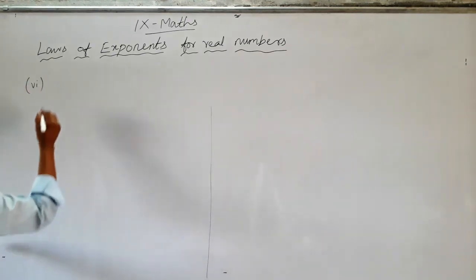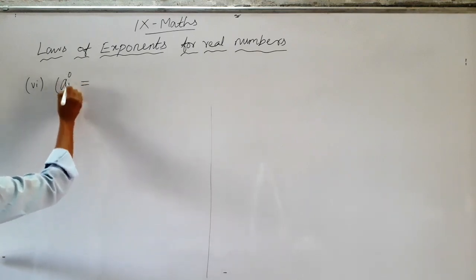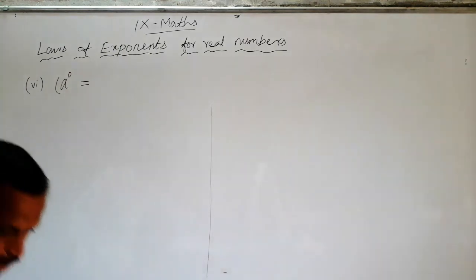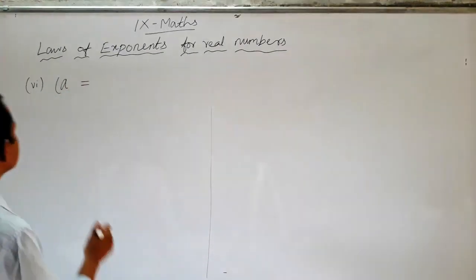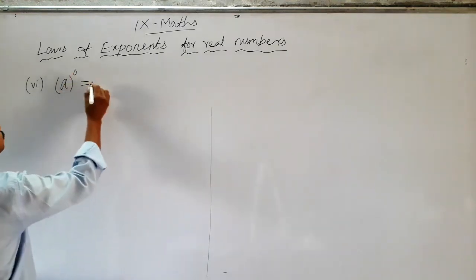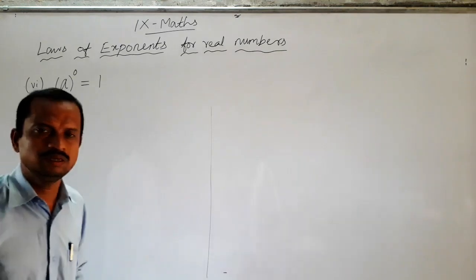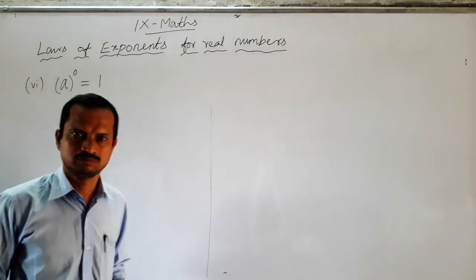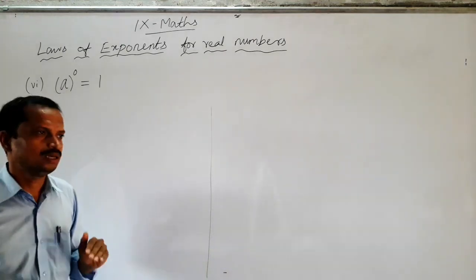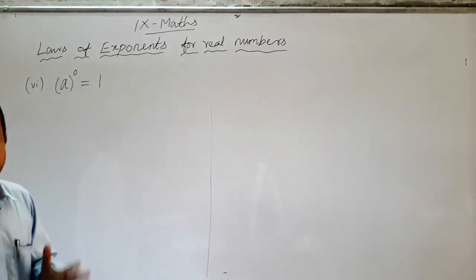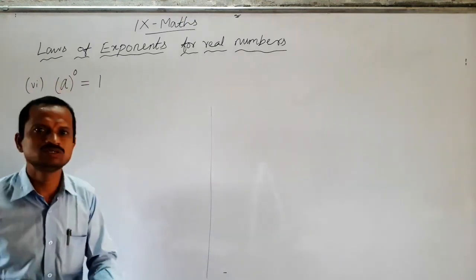Sixth law: a to the power 0 is 1. For any base a, if the power is 0, that means for 0 exponent, for any base, the value is 1.